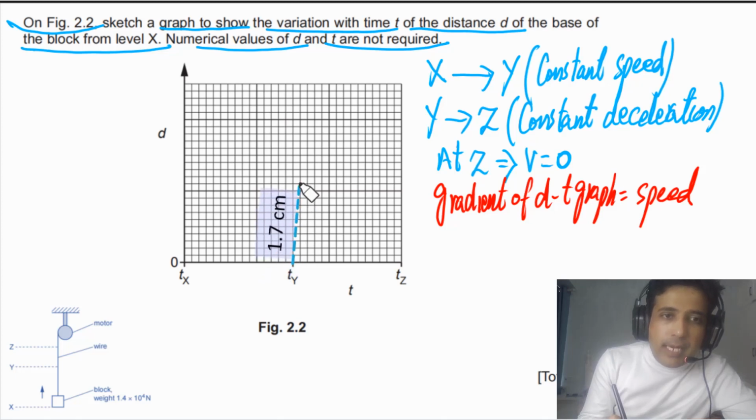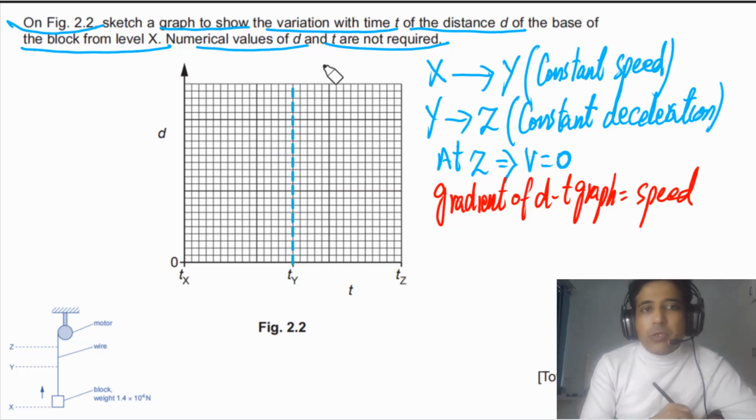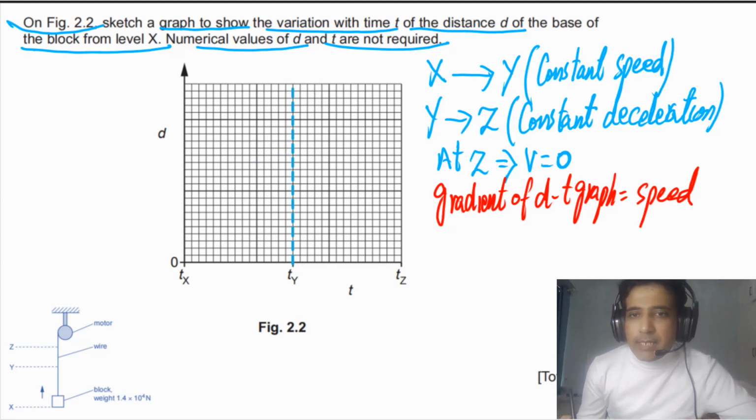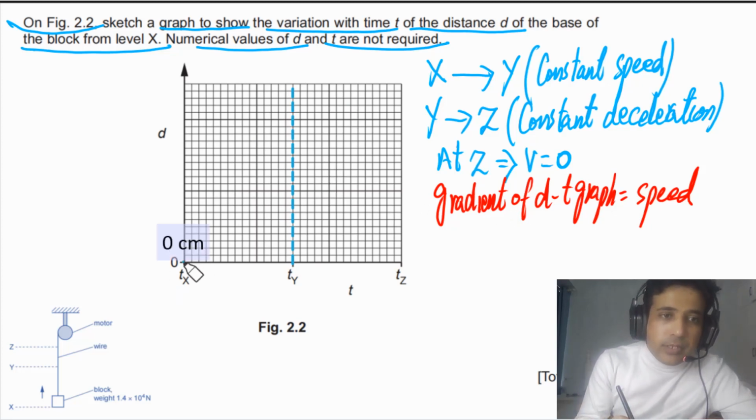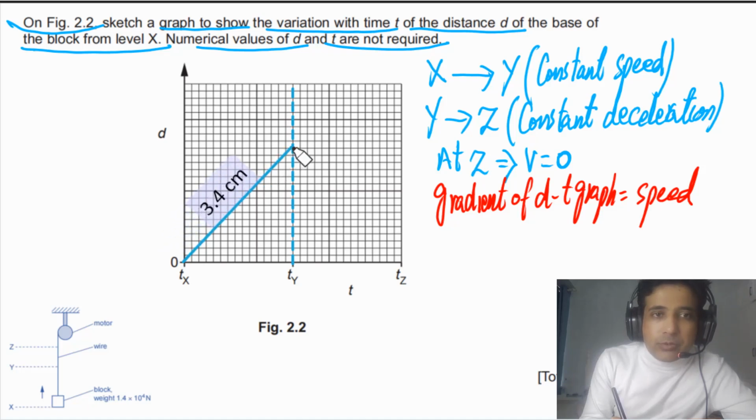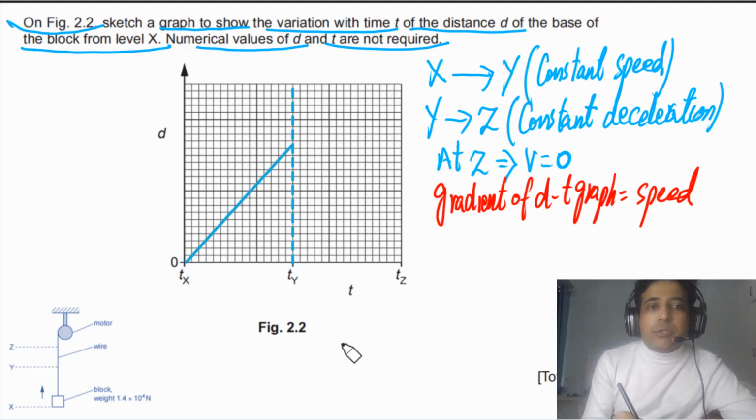Between x and y, the block has constant speed, and between y and z, the block has constant deceleration. Between x and y, with constant speed, the gradient of the graph has to be constant. It has to be a straight line. So we can draw a straight line between x and y, because speed is constant, so the gradient of the line also has to be constant. This is how you can draw between x and y.